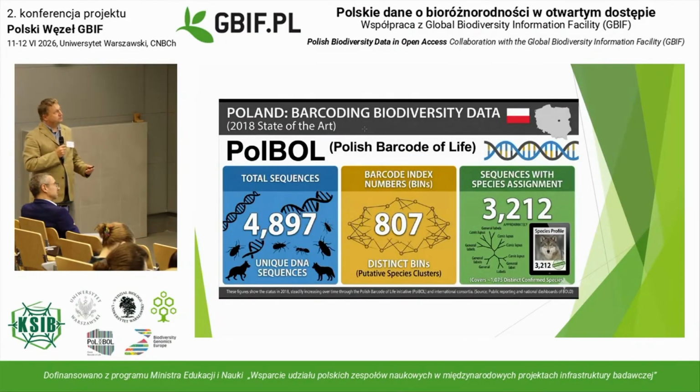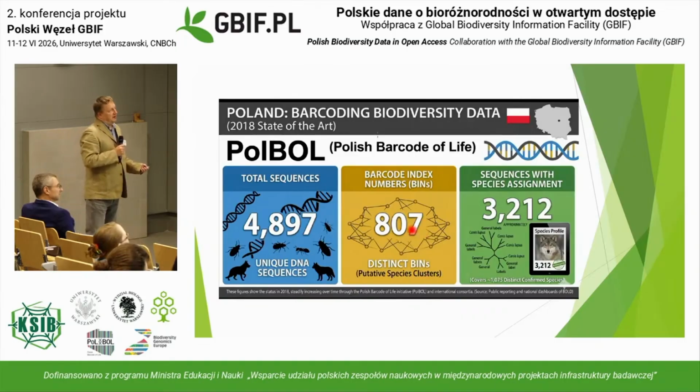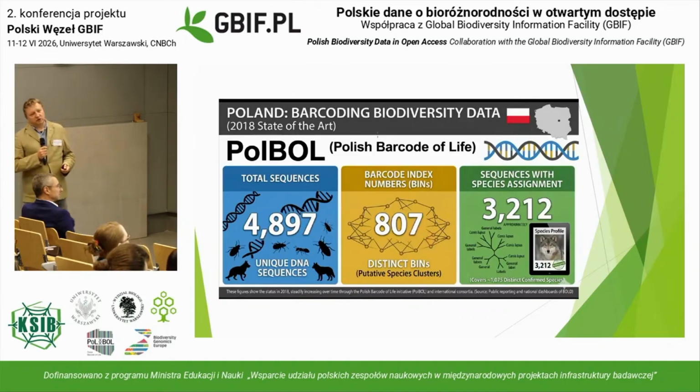Before we started, from Poland you had not even 5,000 barcodes, 800 barcode index numbers, which are molecular operational taxonomic units used by BOLD, and just 3,000 sequences with some species assignments.